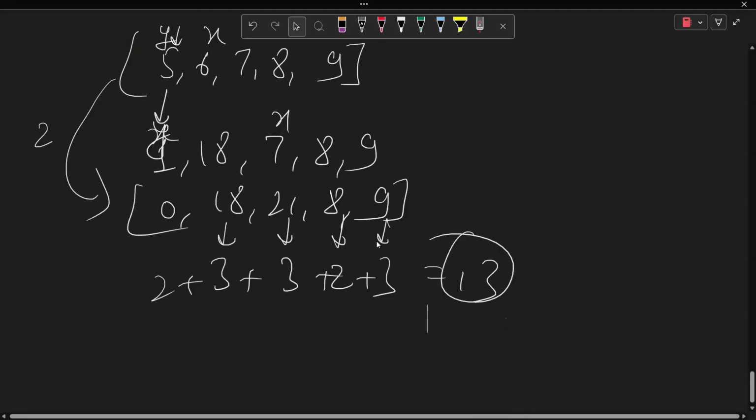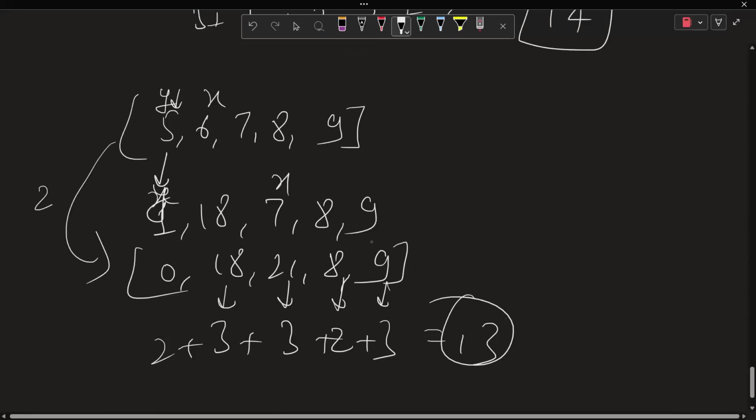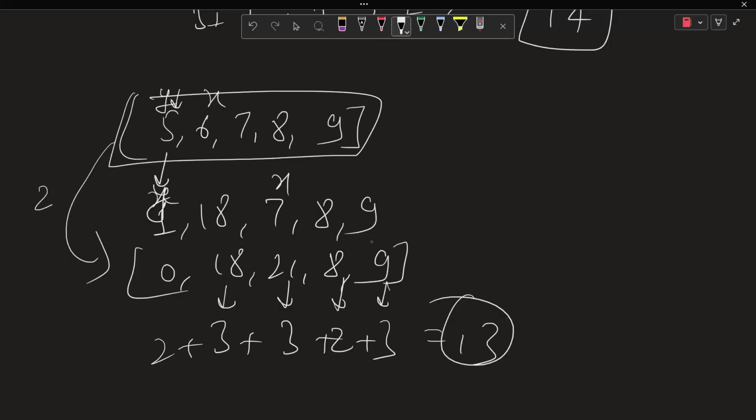So that's what I'm telling, that you would make the smallest number fall to 0 first. After that, just calculate how many steps more are required. So what your final answer is, if in your initial array, you can calculate how many steps every element is taking to fall to 0.